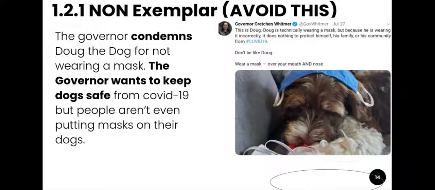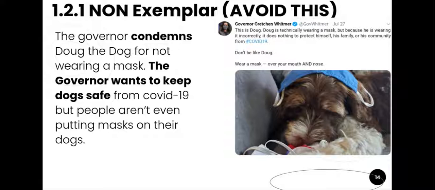If you know anything about this time period that we're living in, ladies and gentlemen, public health officials are not concerned about dogs wearing face masks. That is really taking this out of context. So this is a non-example. Remember, the governor condemns Doug the dog for not wearing a mask.